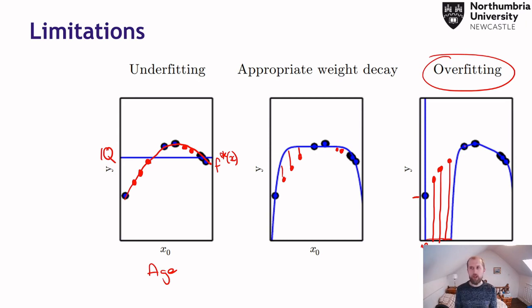So there are a few things that we can do about overfitting as well. The most obvious ones are to simply use fewer layers and fewer neurons per layer, and I'm going to talk to you exactly what that means later on.